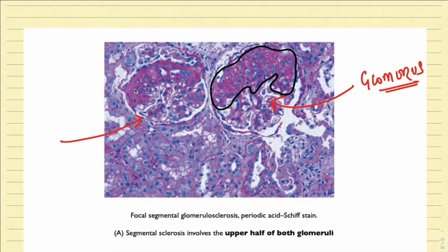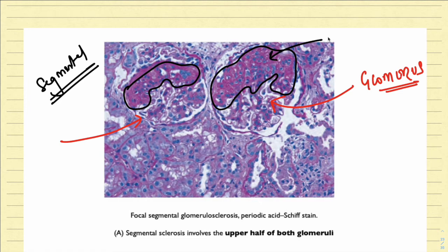A part of the glomerulus is involved. So can we say that this is a segmental change? Yes. And as I told you, focal glomerulosclerosis. So there is a protein deposition, along with that extracellular matrix production, which under the microscope looks more pink in color. Yes or no? This is the focal segmental glomerulosclerosis lesion that we see.